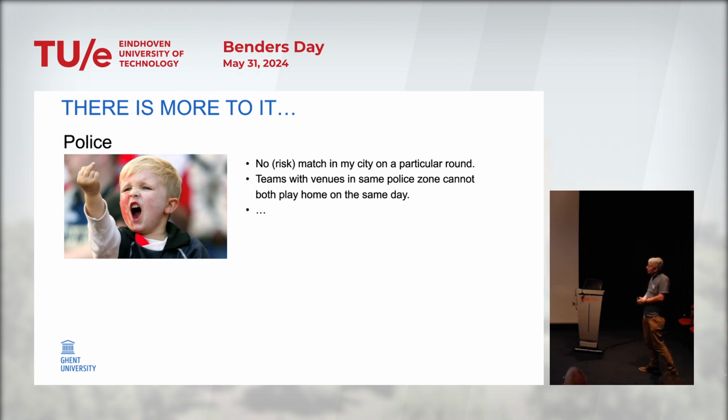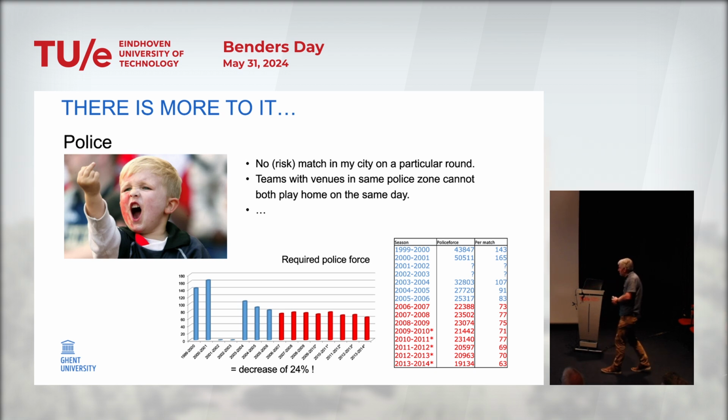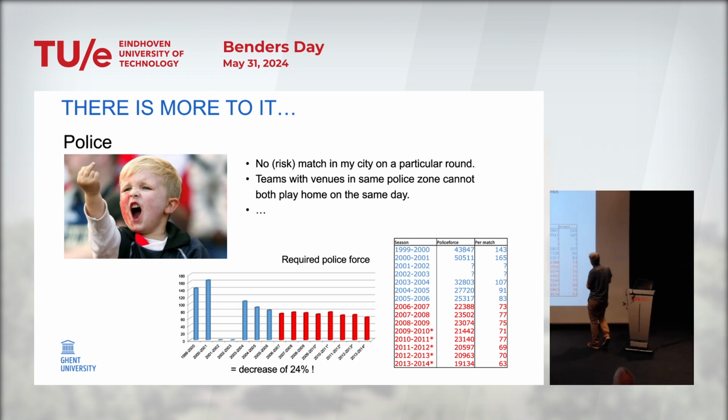There are some teams that share the same police zone, so in that case it's a capacity problem. The police cannot handle too many games in the same zone at the same time. So also there are constraints. And again, I have some numbers here. This is the police force needed per match.